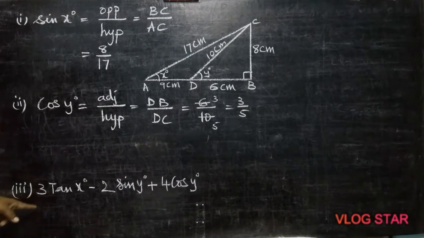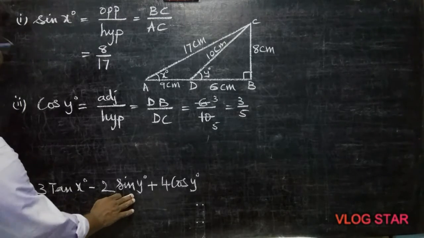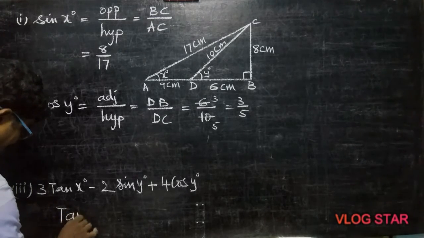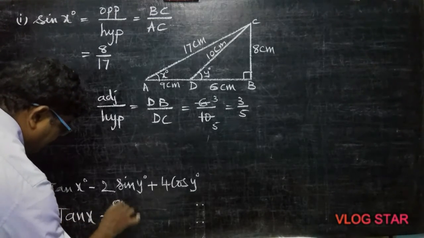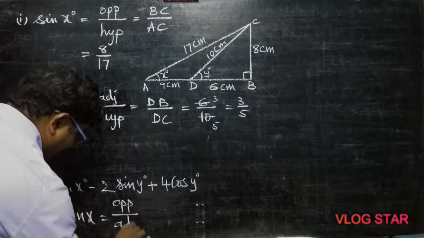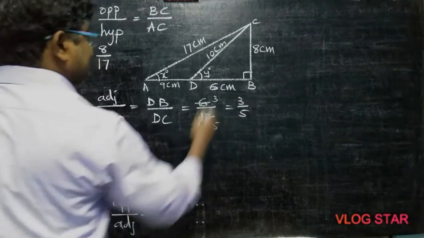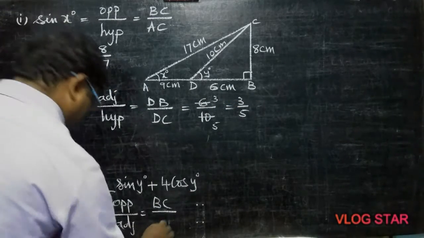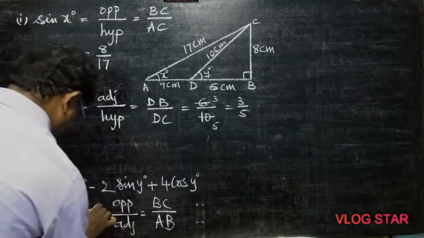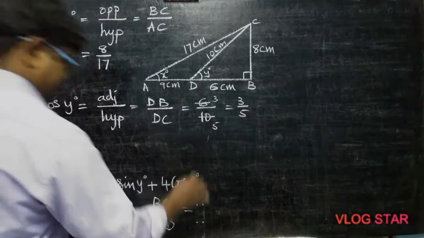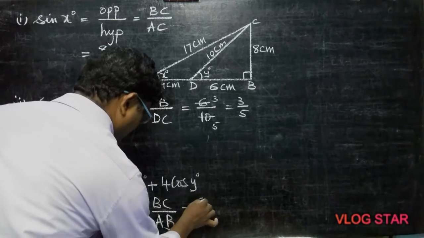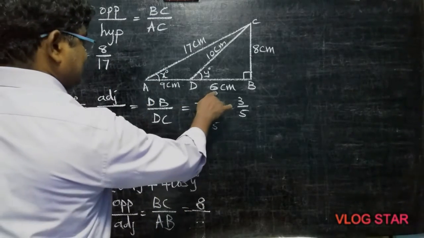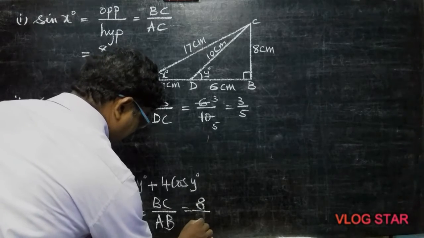Now they are asking to find tan x, sin y, cos y. First find tan x. Tan x means opposite side to x by adjacent side to x degrees. Opposite side is BC and adjacent side is AB. BC means 8, so 8 by AB, 9 plus 6, 15.